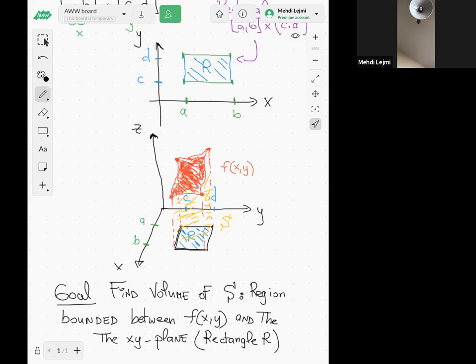Of course, we have two intervals, the interval AB and the interval CD, but we're going to do the same thing. We're going to divide both AB and CD into n subintervals.